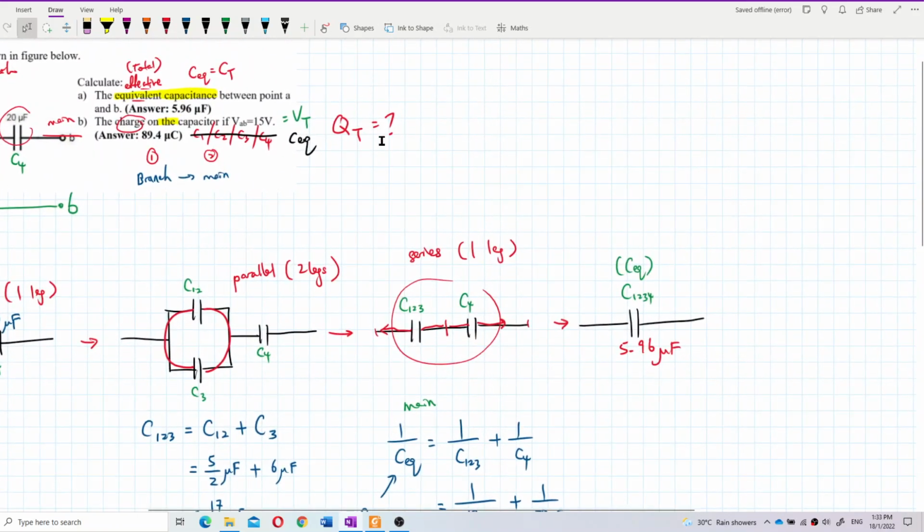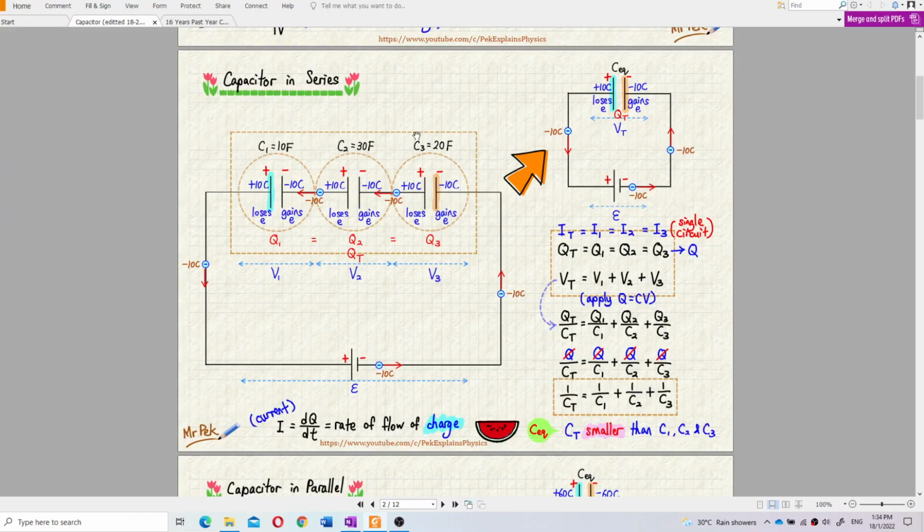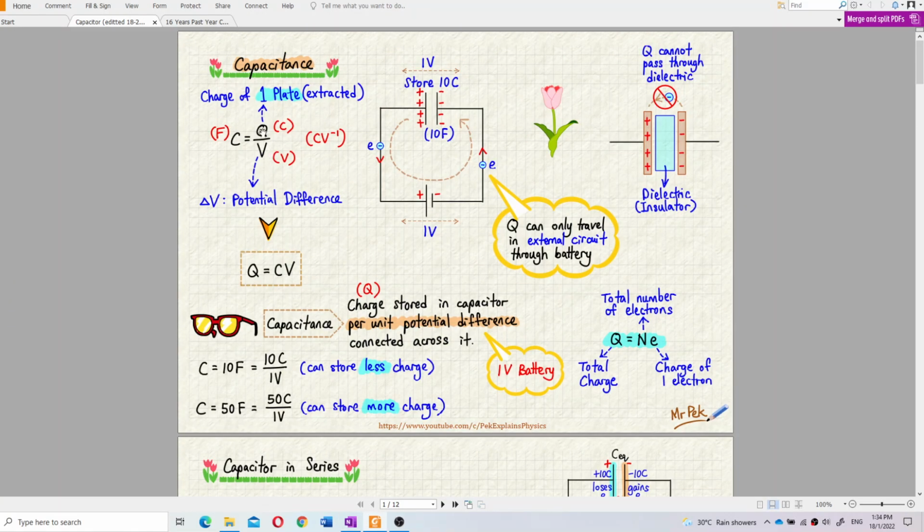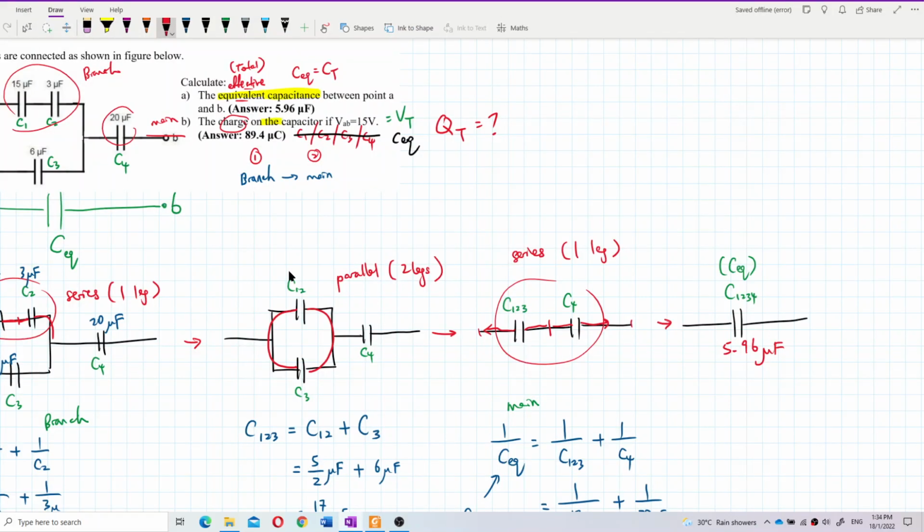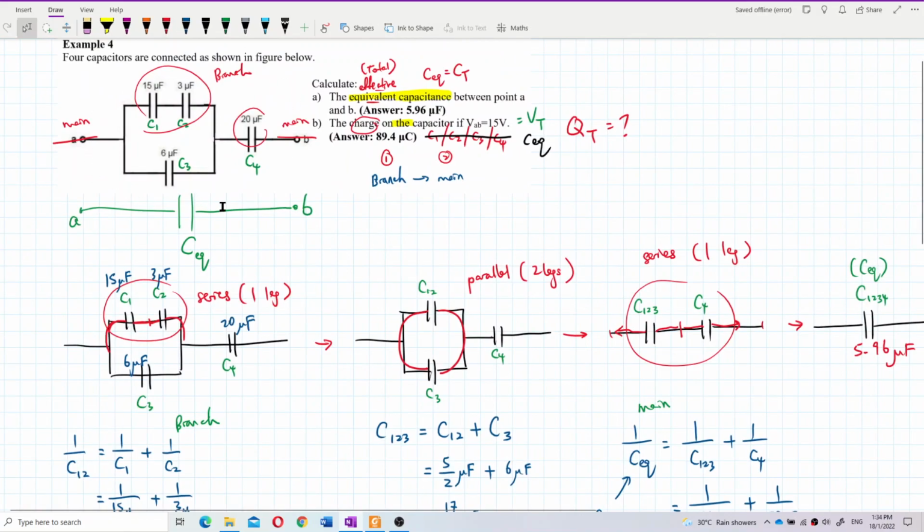So how to find the Q total? Very easy. Use the formula Q equals CV, or C equals Q over V. He did say VAB is 15 volt. That means that is the V total.